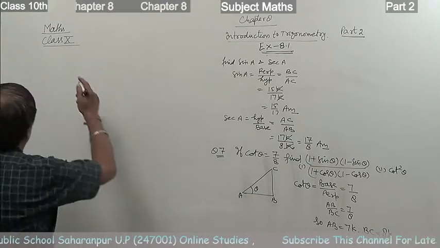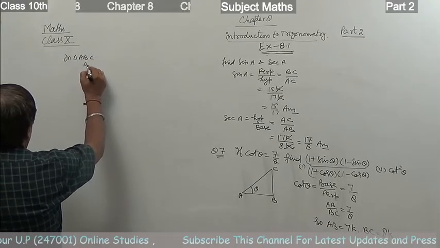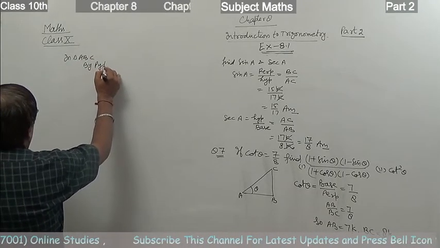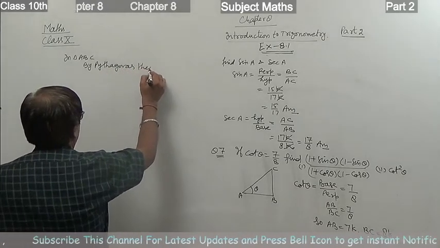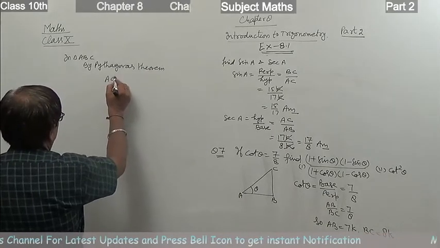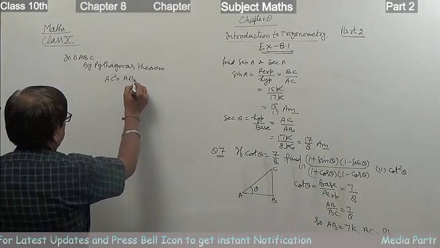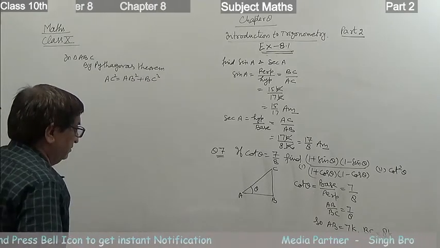In triangle ABC, by Pythagoras theorem, AC square is equal to AB square plus BC square.